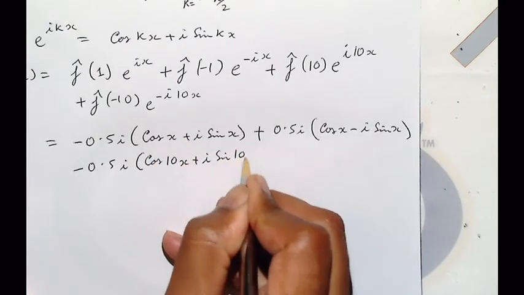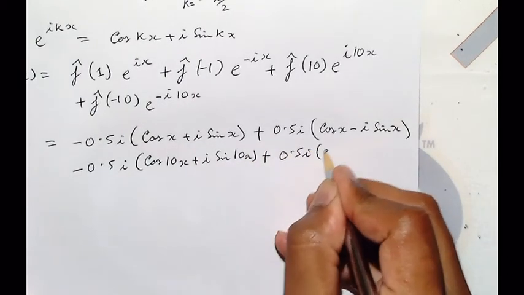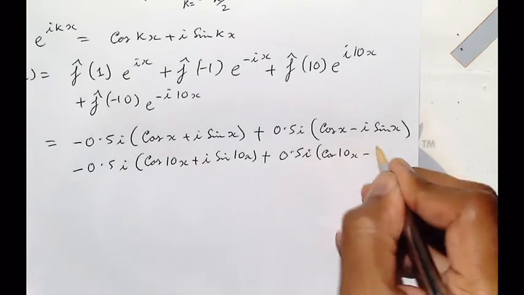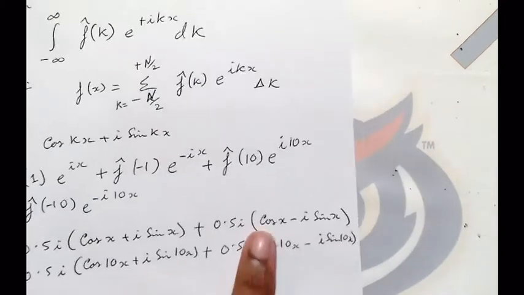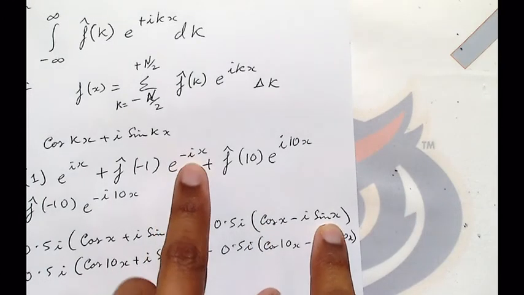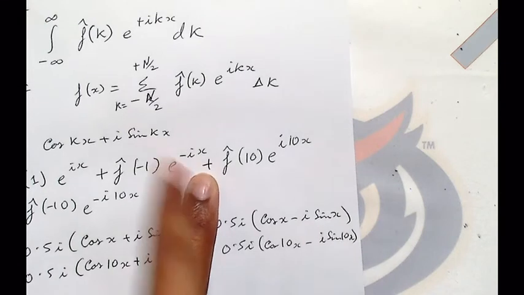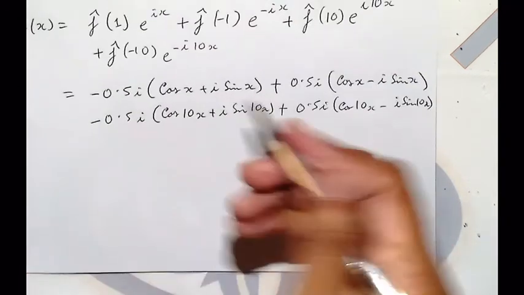Go on. Plus 0.5 i times cosine 10x minus i sin 10x. Yeah, just in case it's not clear, the cosine x minus i sin x comes from the e to the minus i. If the sign is negative, cosine doesn't care, so cosine remains as x. All right, simplify.